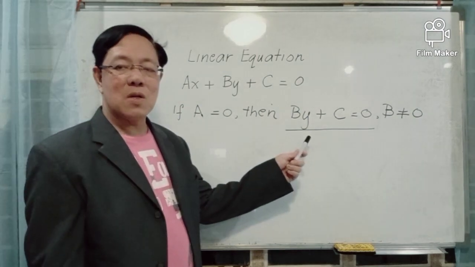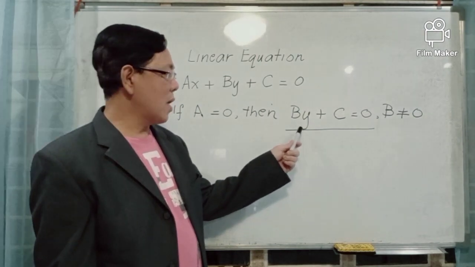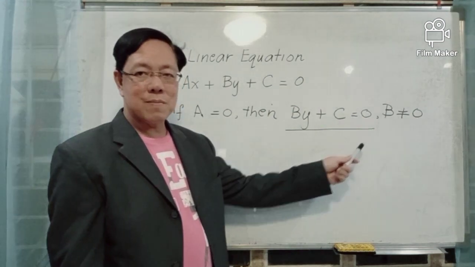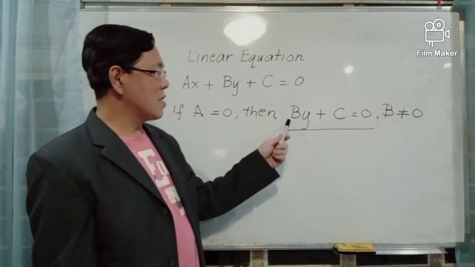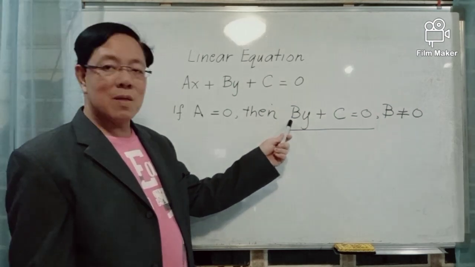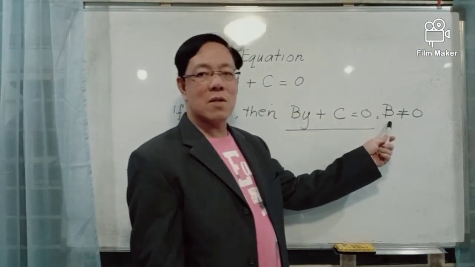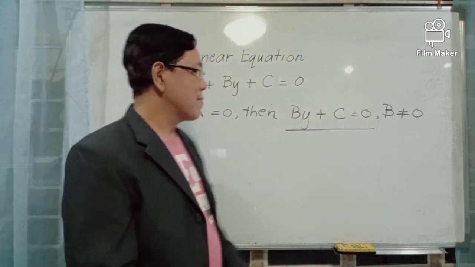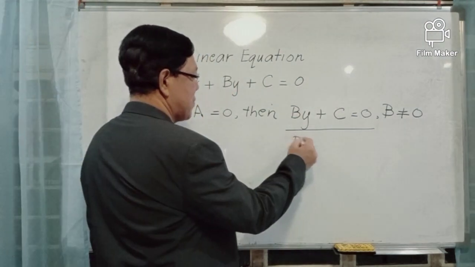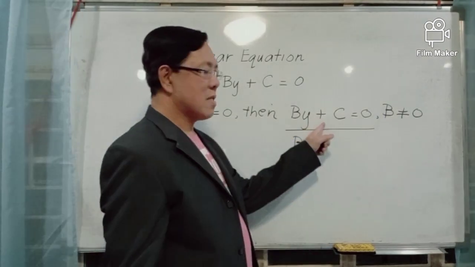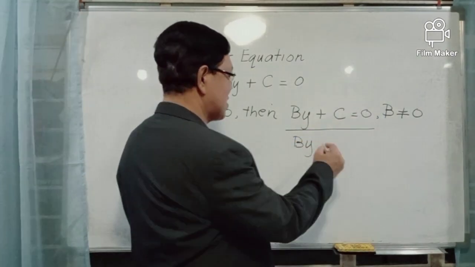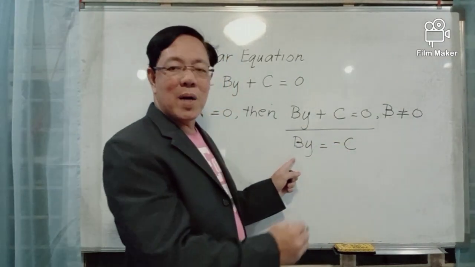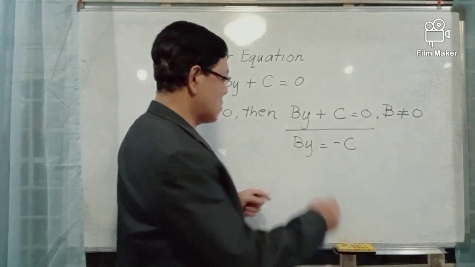And from this equation, we can readily solve for y by transposing c to the right side and then dividing both sides by b. We can divide both sides by b because the coefficient of y is not 0. We transpose positive c to the right, it becomes negative c. And we divide both sides by b to solve for y.